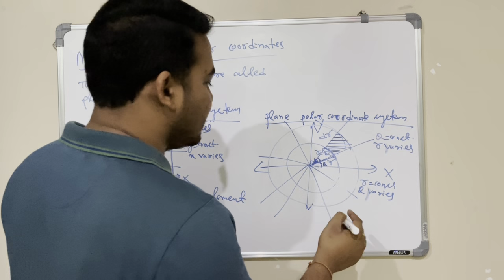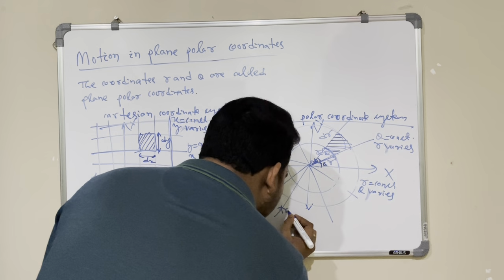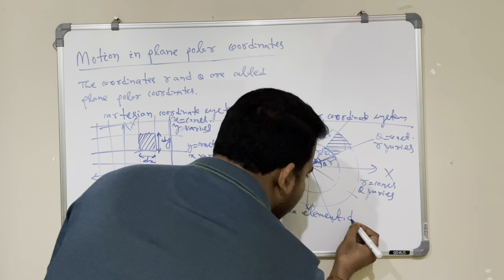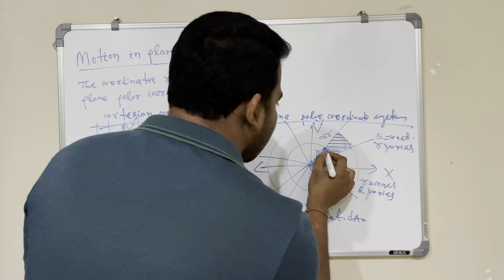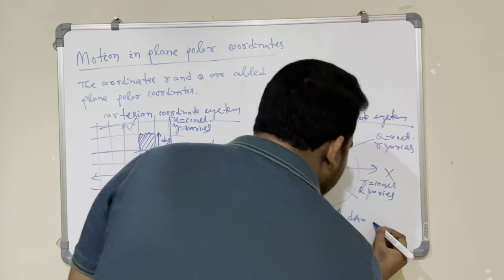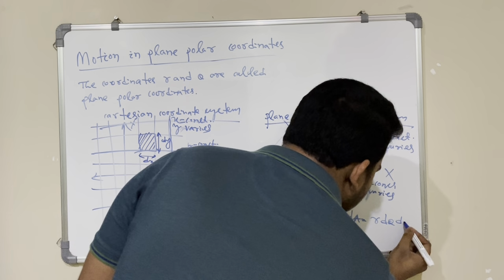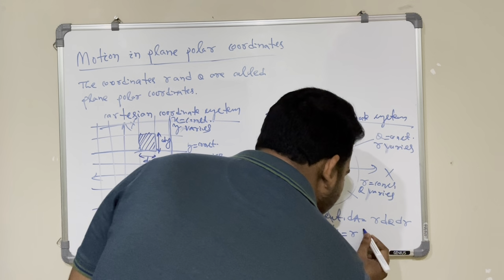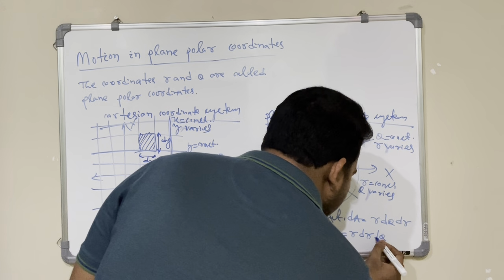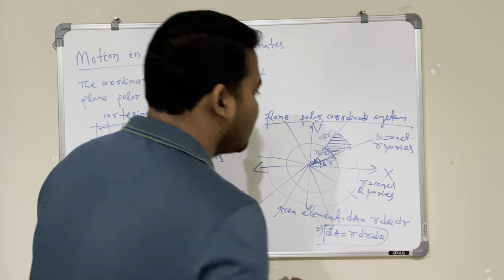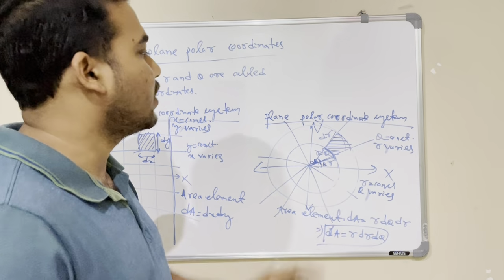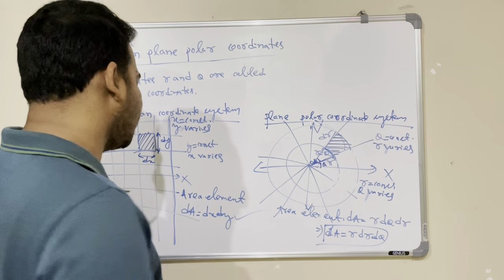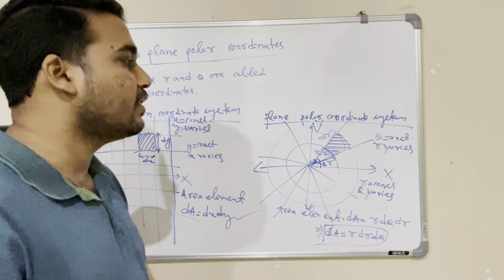If this is r d theta, then the area element dA is r d theta times dr. So here dA equals r dr d theta. So the area element in polar coordinate system is r dr d theta, and the area element in Cartesian coordinate system is dx times dy. Okay.